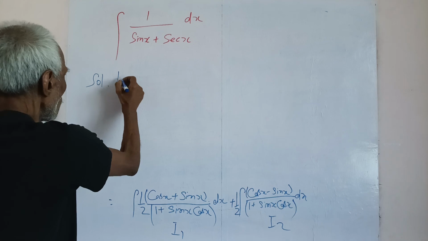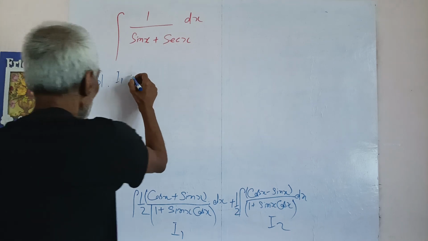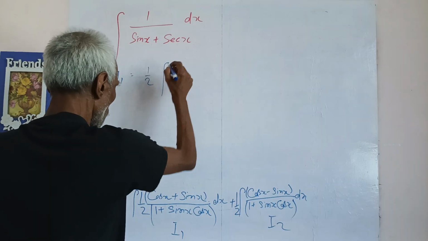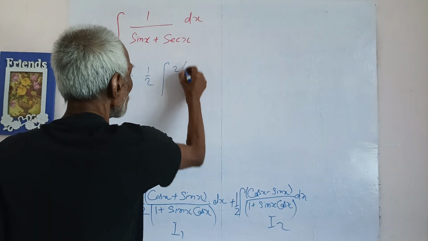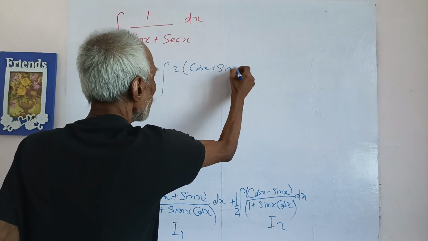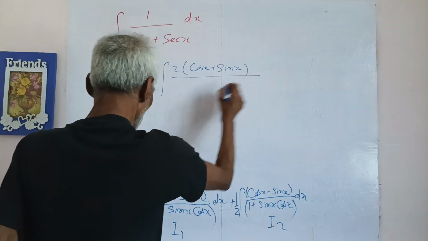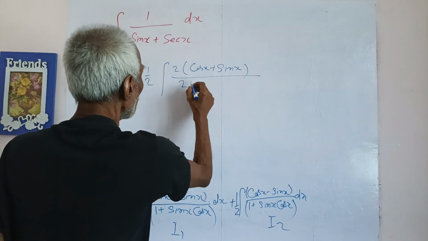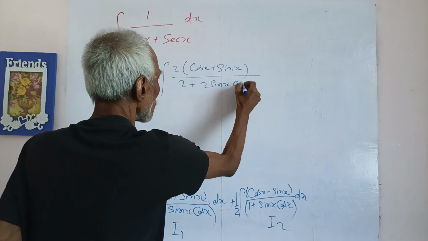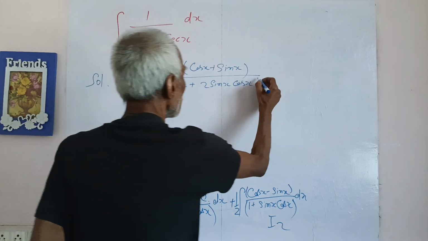Now I1 is equal to 1 by 2 into 2 cos x plus sin x by 2 plus 2 sin x into cos x dx.